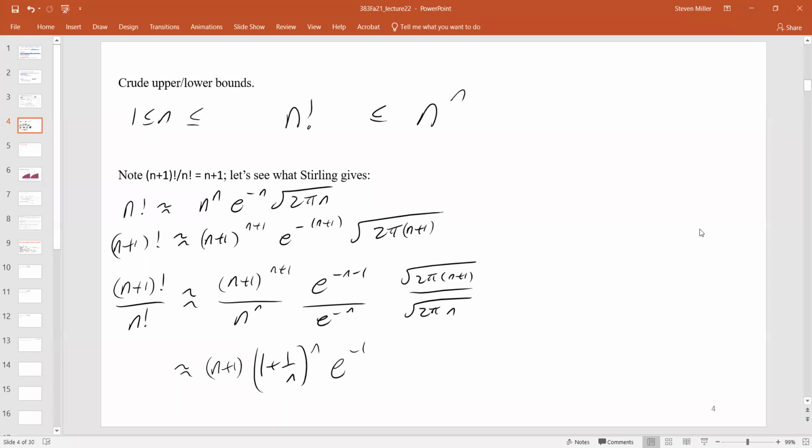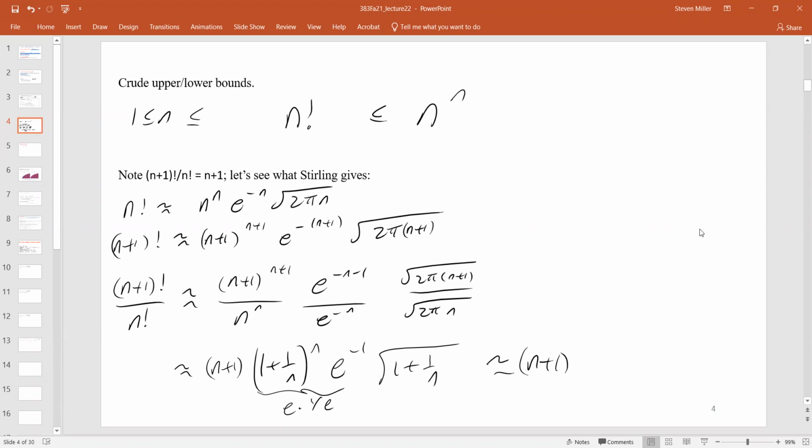We have an n plus 1 over n, so we'll get a square root of 1 plus 1 over n. And as n gets very, very large, the 1 plus 1 over n to the n converges to e. So this is like e times 1 over e. So this, yeah, it really does look like it's approximately n plus 1.